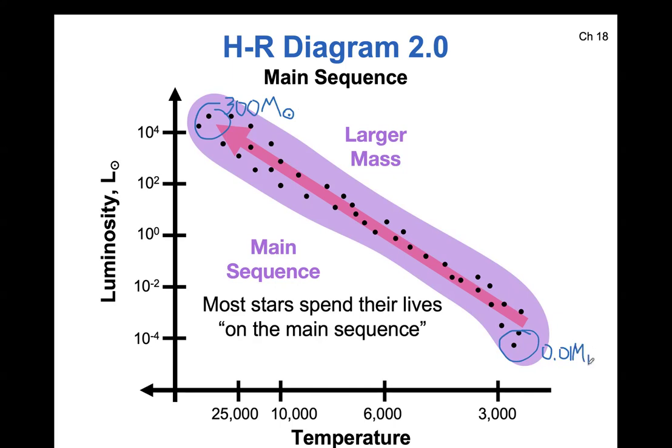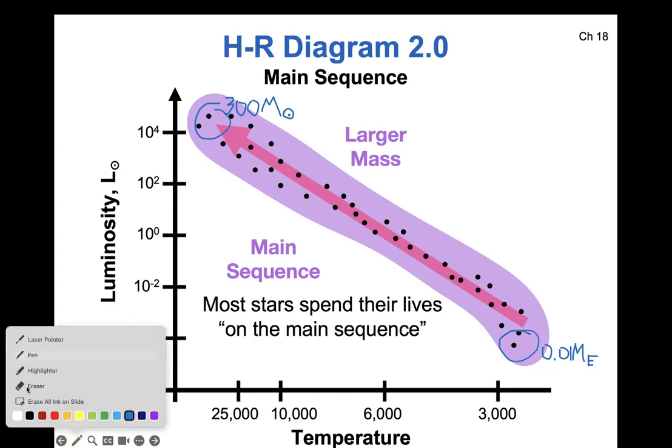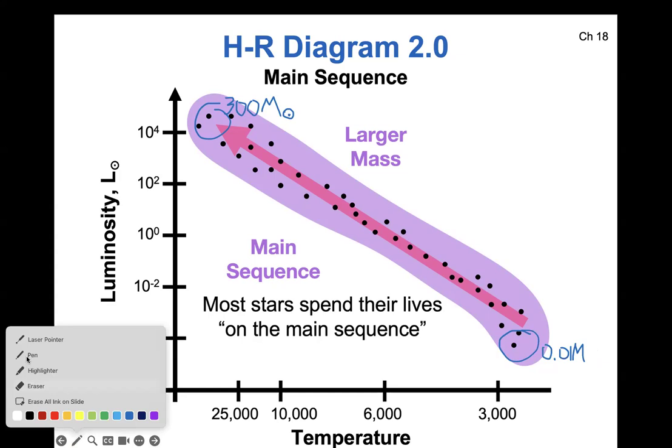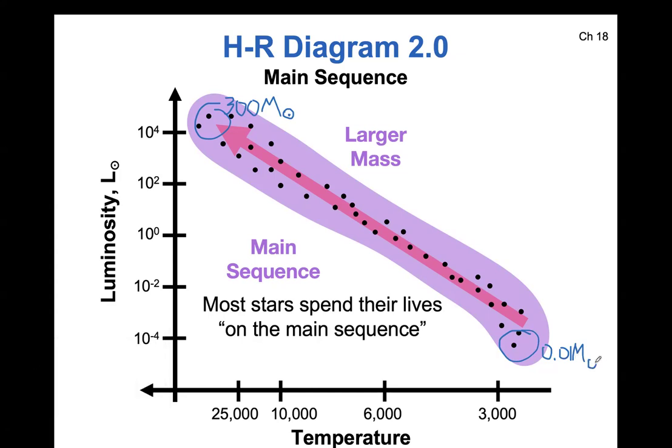This relationship between the HR diagram and the star masses only applies to main sequence stars. So unlike when we talked about radius and we drew an arrow over the entire HR diagram, right?